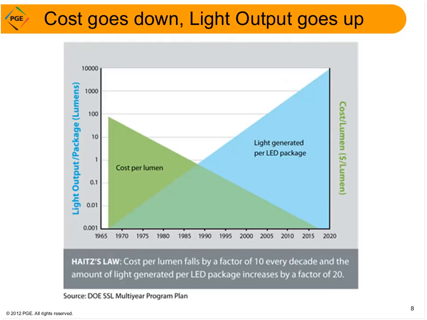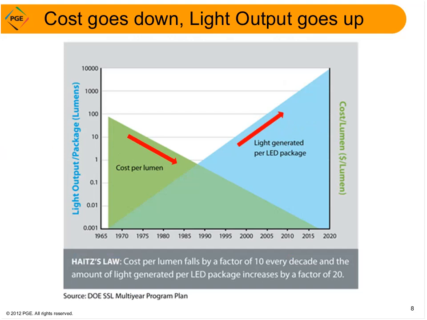Now this chart illustrates the historical and predictive trend of LED light output and cost. You can see that costs are going down while light output is increasing. And a predictor of this relationship has become known as Haitz's law. It's similar to Moore's law for computer chips.